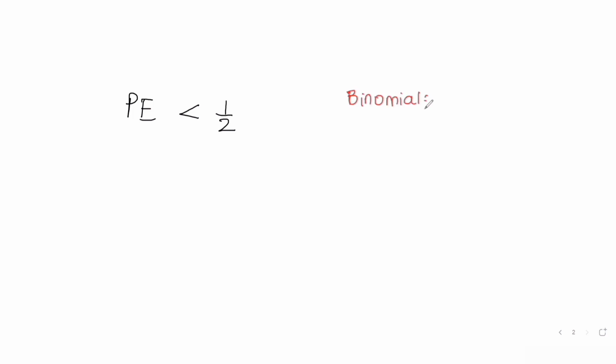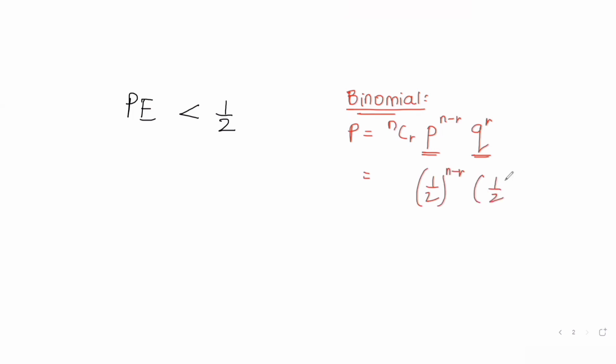Whenever it is a binomial distribution, the probability can be found by nCr p^(n-r) q^r, where p is the probability of guessing the answer as true and q is the probability of guessing the answer as false, which in this case is half each. So half raised to n minus r and half raised to r. Since the total number of questions is 8, this becomes 8Cr (1/2)^(8-r) (1/2)^r.